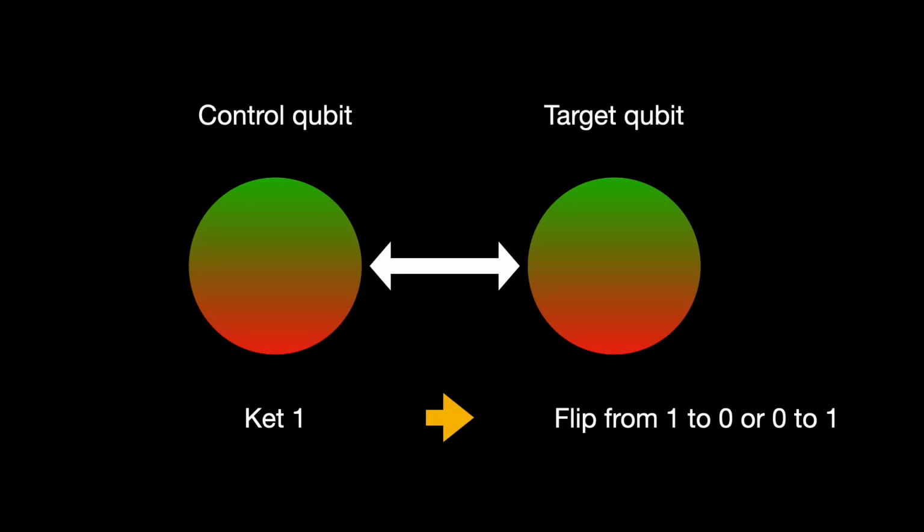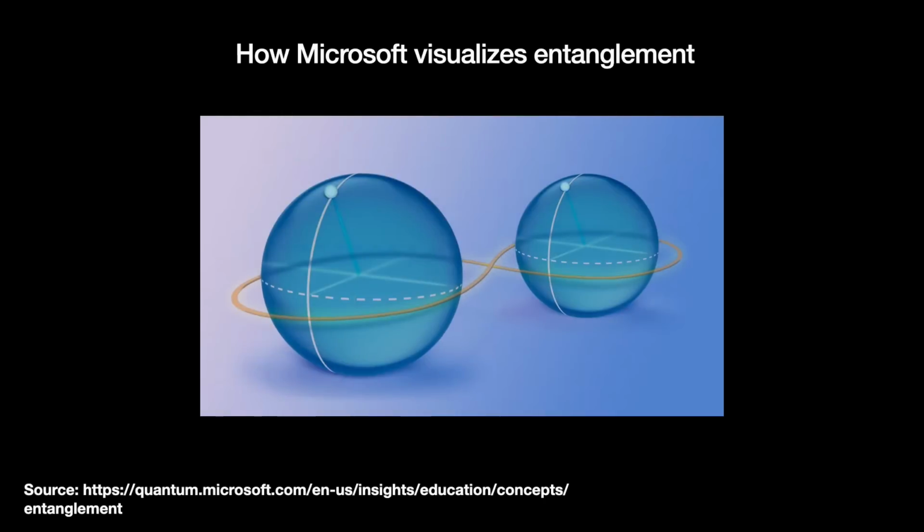This demonstrates another distinctive phenomenon of quantum computing: entanglement. When two quantum systems are entangled, actions or measurements made on one system's state will affect the other. So, after the CNOT is applied and entanglement is achieved, measuring the state of the control qubit instantly tells you the state of the target qubit.